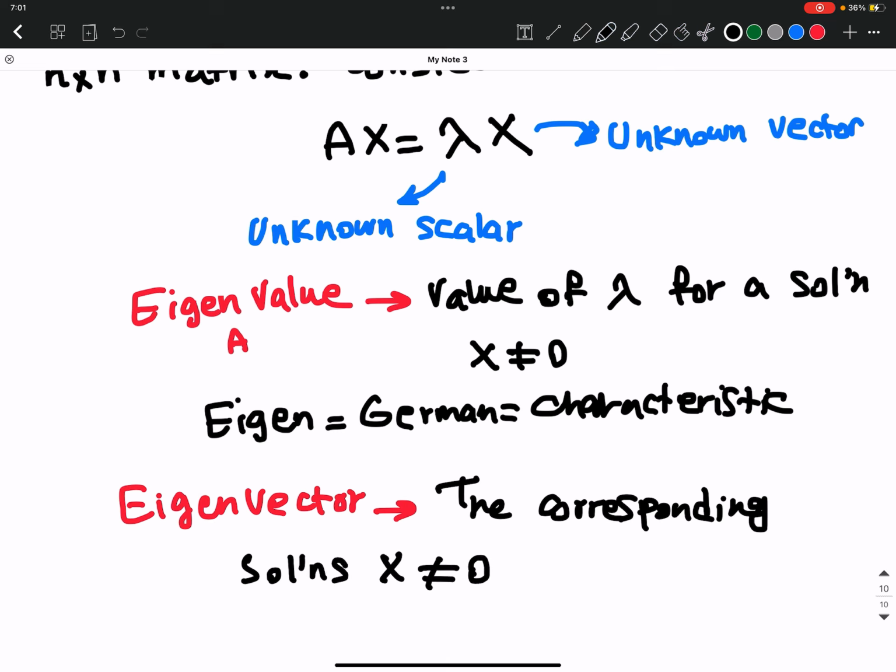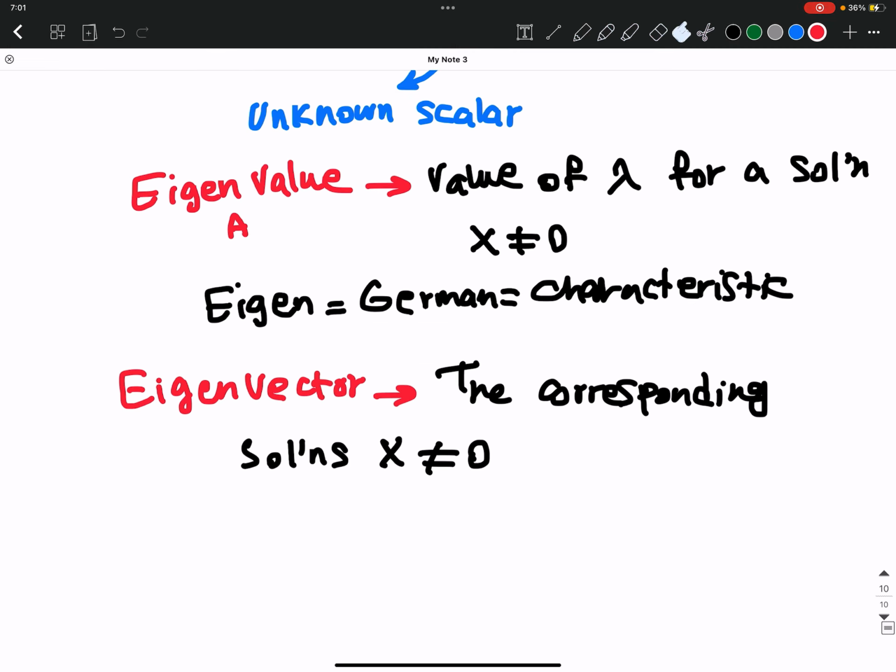So all the solutions of x are going to be our eigenvectors. Okay? What do we mean by the spectrum of A?